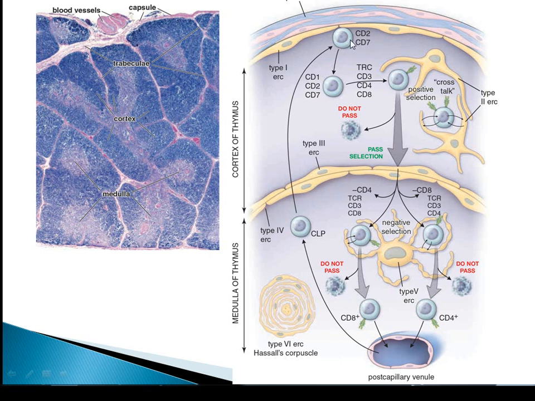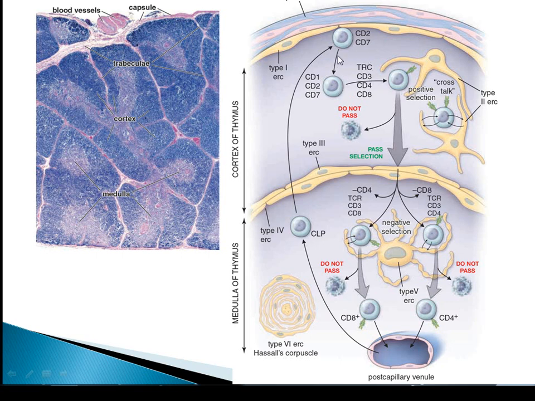Then, as the double negative thymocytes move deeper into the cortex, they express and then suppress other proteins on the surface. These double negative thymocytes then express pre-T cell receptors on the surface, which cause the cells to proliferate.